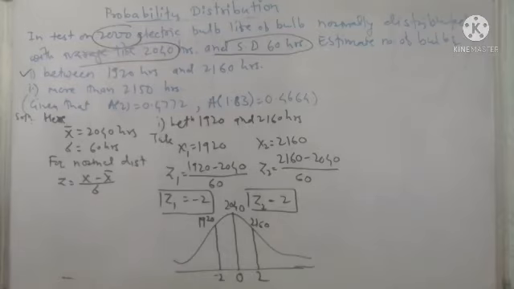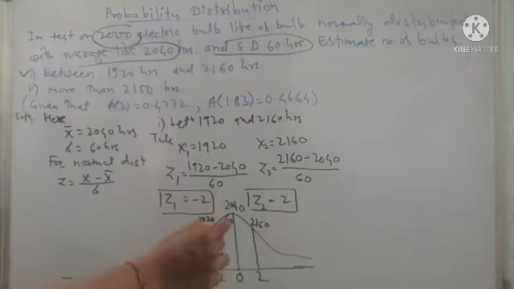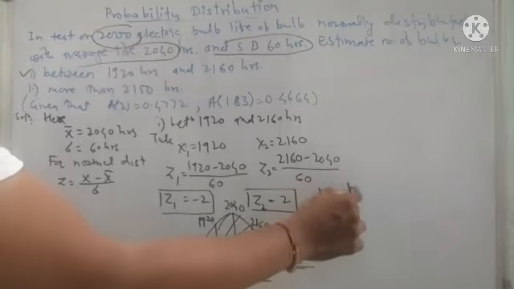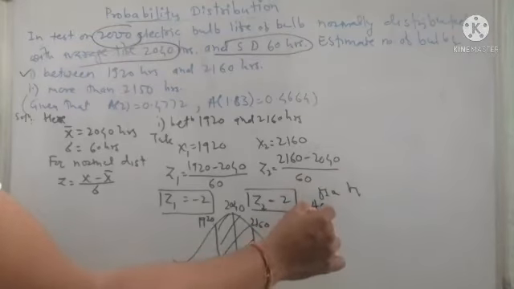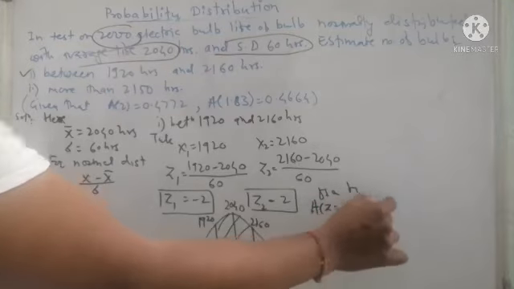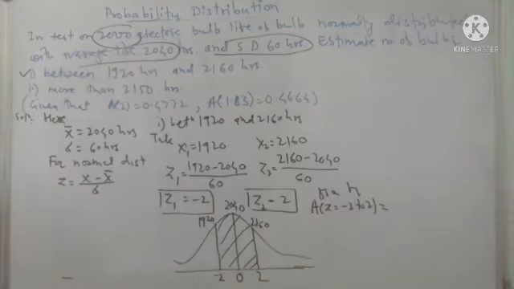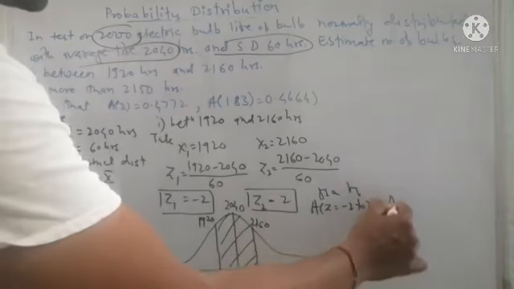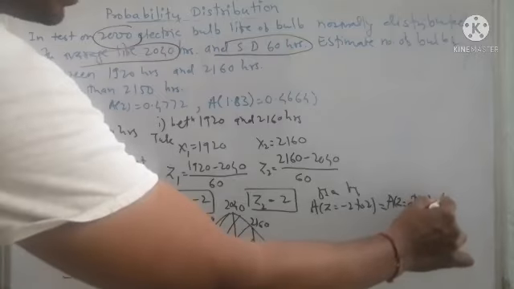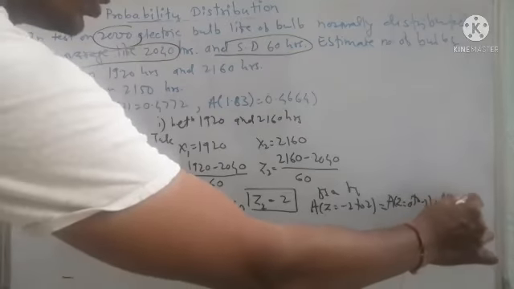Now we are asked for the number of bulbs having life between these two variables, so we shade the required area. The shaded area from the figure is the area from z equal to minus 2 to 2. This area is divided into two parts: area from z equal to 0 to minus 2 plus area from z equal to 0 to 2.